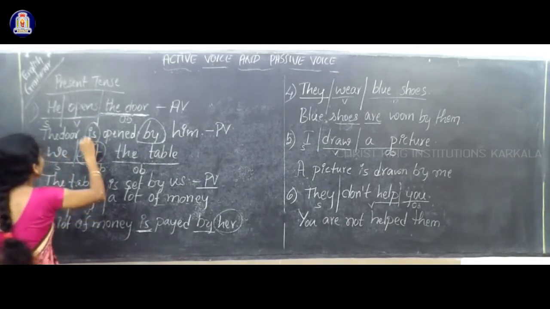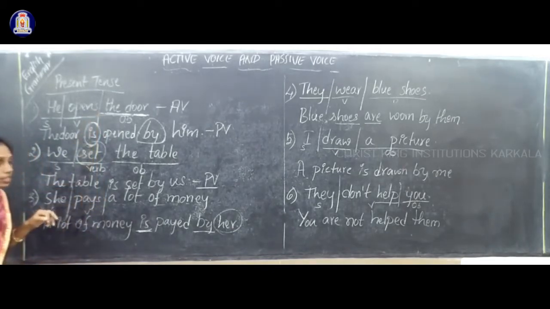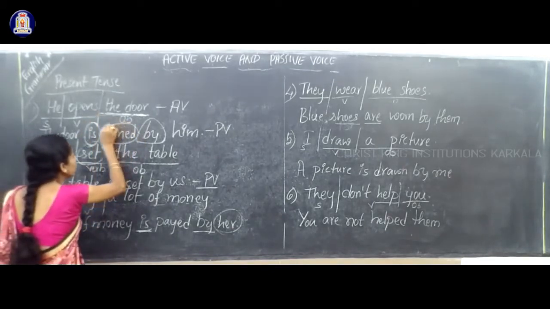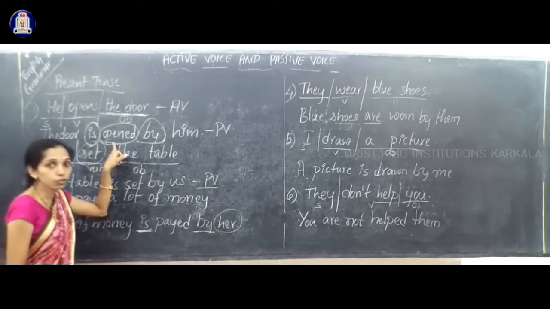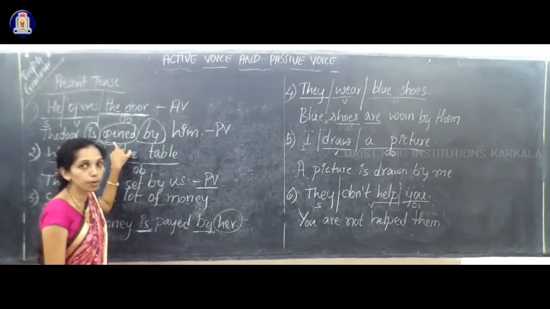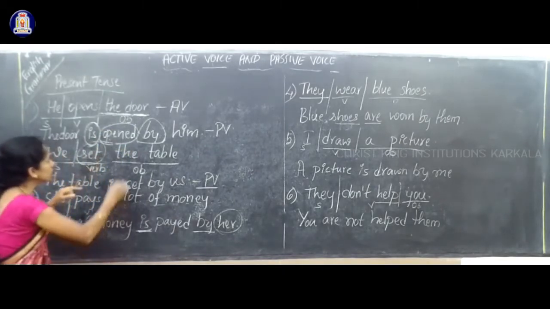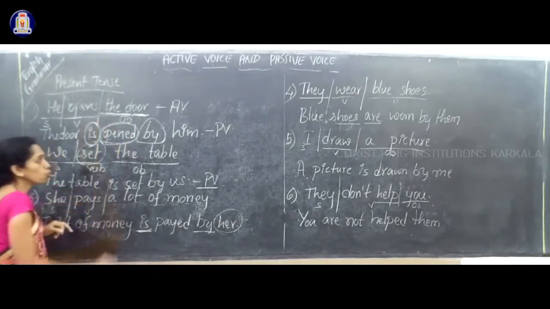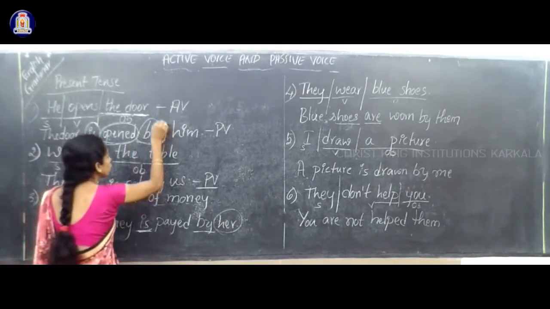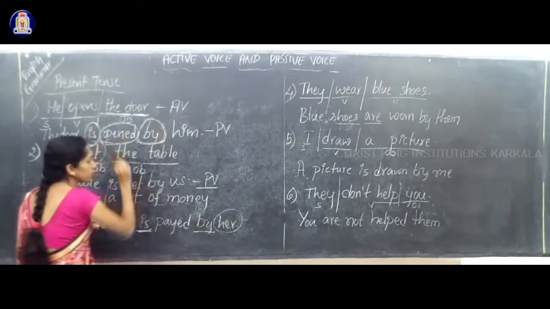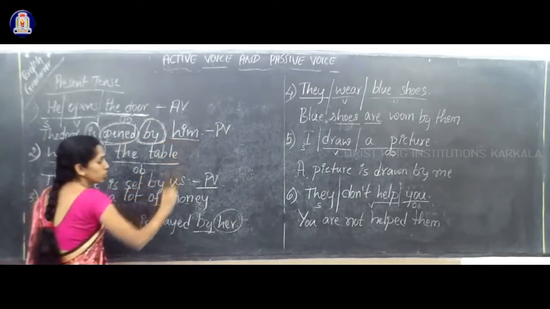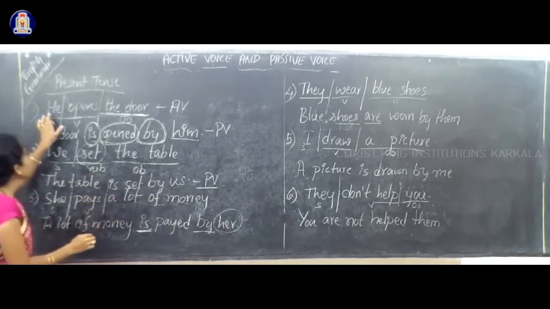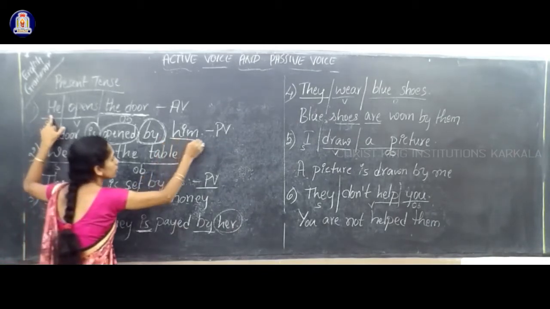Yes, that is the helping verb, isn't it? And then we have used the third form of the verb, or the participle form of the verb, that is, here in this sentence, open. Then we have added this by before this subject, right? And here he became him.